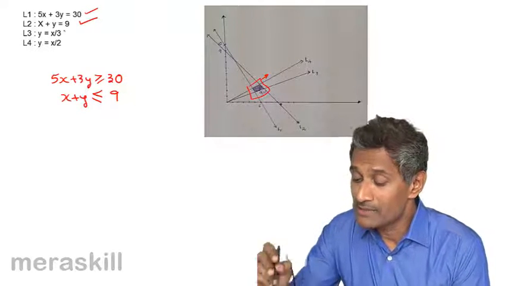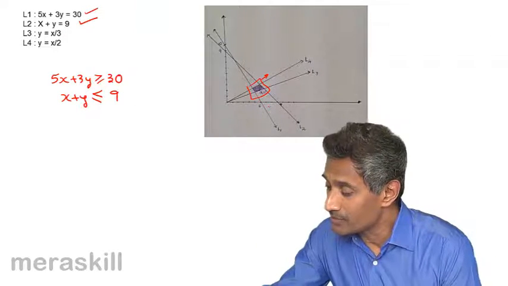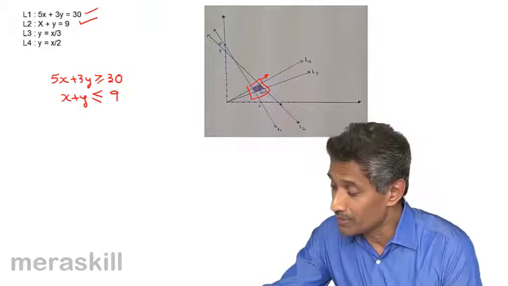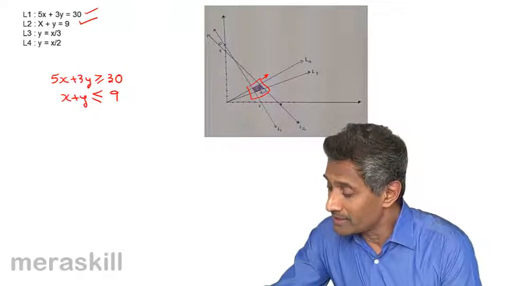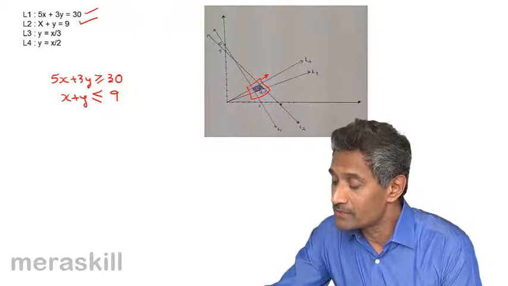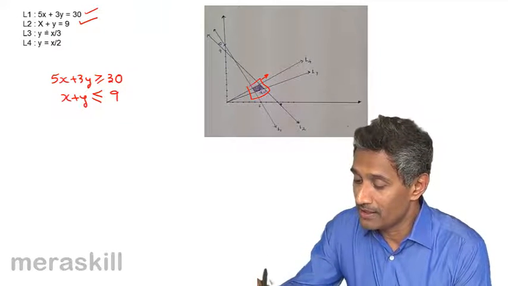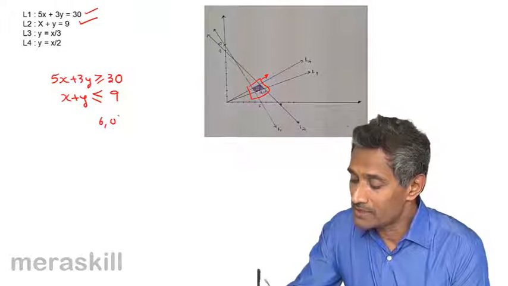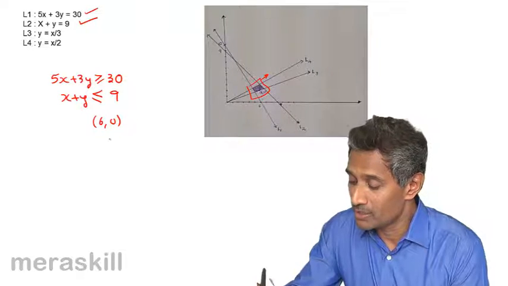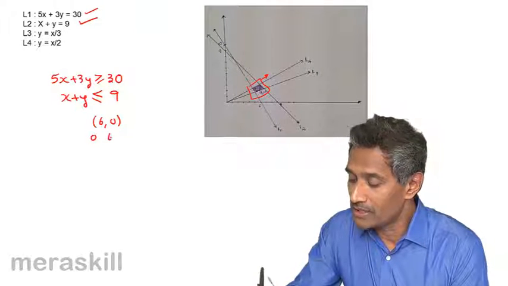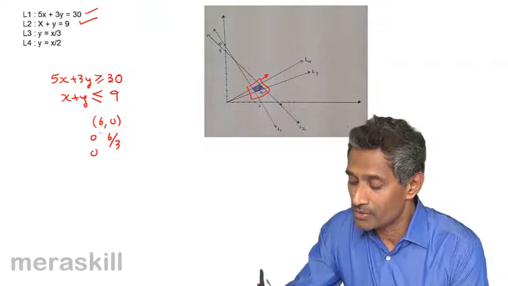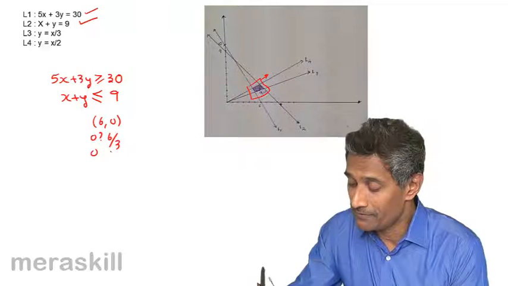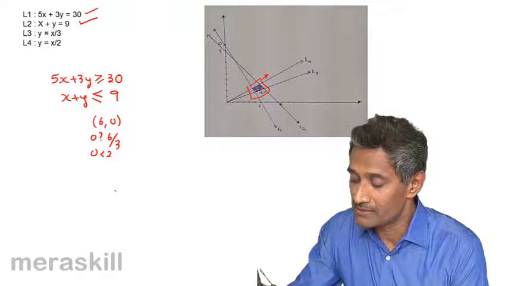Now, let's consider y = x/3. That is line L3. So we can take this particular point. If you take (6, 0) and substitute over there, you get 0 on this side and you have 6/3, which is 2. 0 is definitely less than 2.